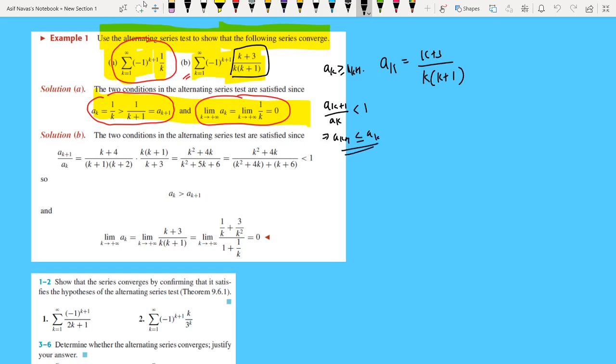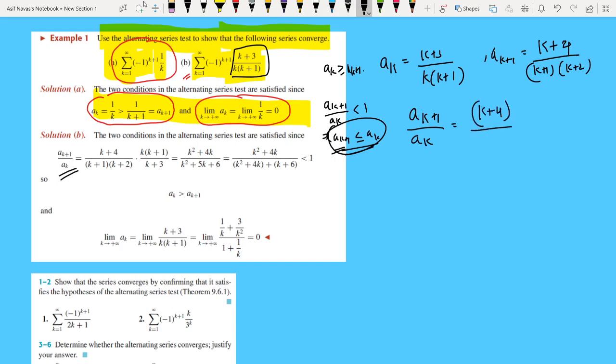So in order to prove ak greater than or equal to ak plus 1, it's enough to show that ak plus 1 divided by ak is less than 1. So for that, ak plus 1 is obtained by putting k plus 1 instead of k: k plus 1 plus 3, which is k plus 4, divided by k plus 1 into k plus 2.